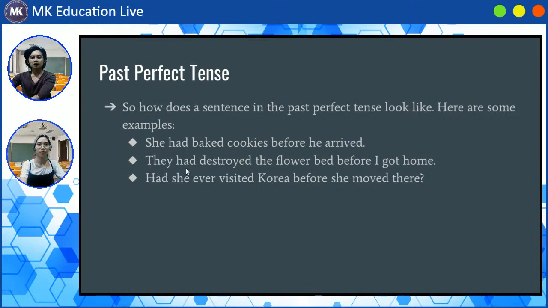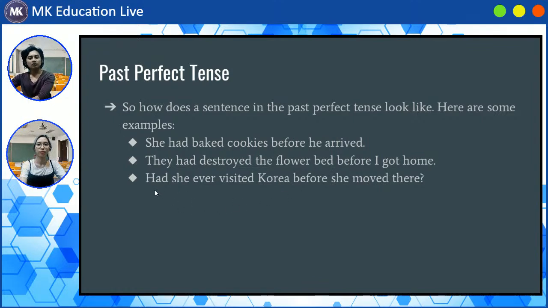Next, they had destroyed the flower bed before I got home. So our subject, they, completely destroyed our speaker's flower bed before he arrived home. That means that when the person got home, he saw that the flower bed was destroyed.